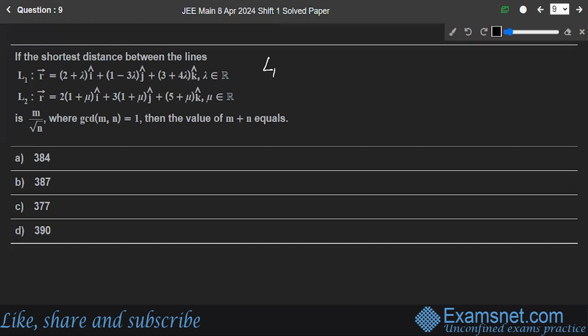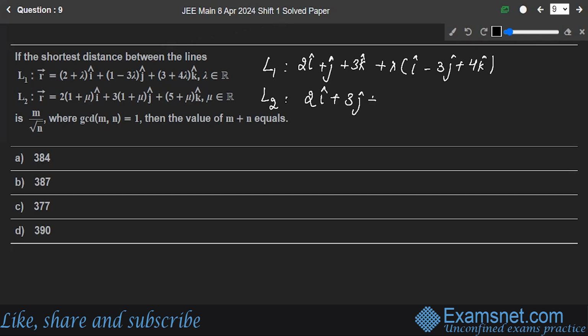So your L1 can be written as 2i plus j plus 3k plus lambda into i minus 3j plus 4k. And the second line, L2, can be written as 2i plus 3j plus 5k plus mu into 2i plus 3j plus k. Correct.